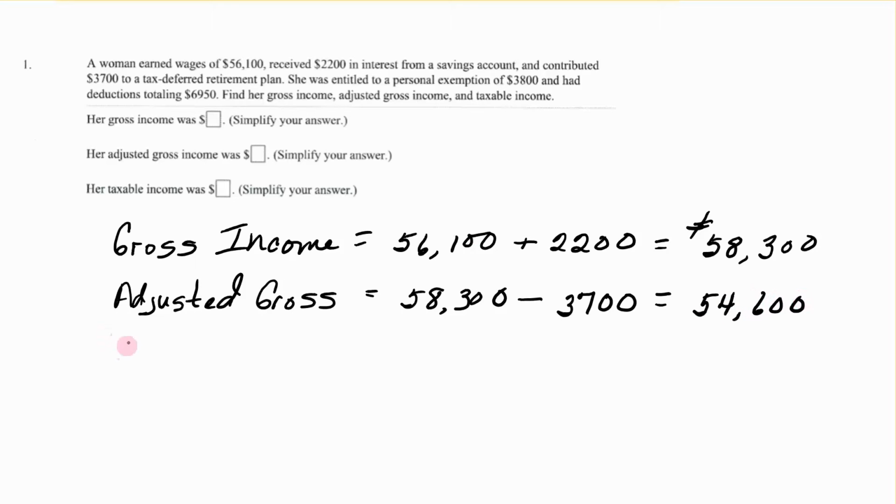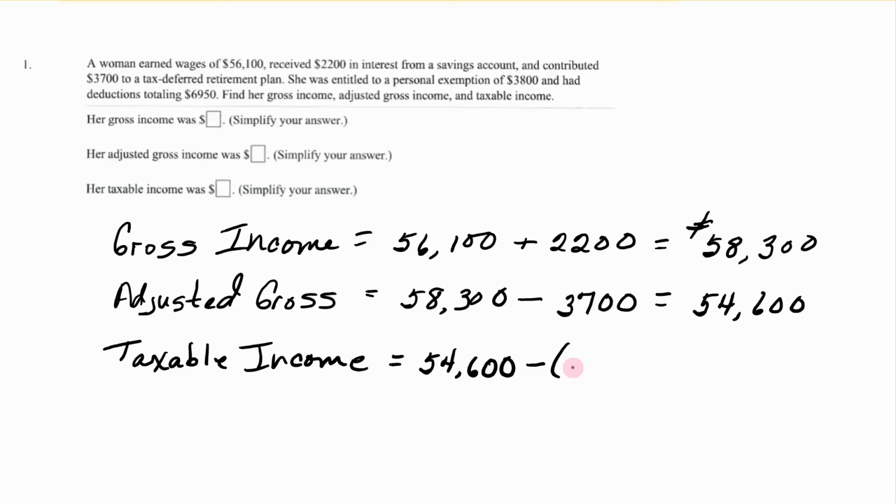Now, her taxable income, and you can do this on your calculator just like I do it here. It is her adjusted gross, $54,600, put a subtraction and parentheses. Now we're going to add up her exemptions and her deduction. Up here it says personal exemptions, $3,800, plus deductions, $6,950.